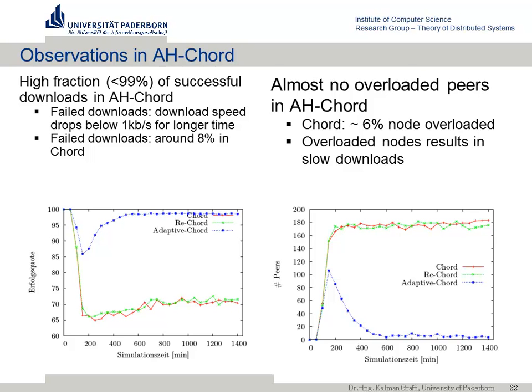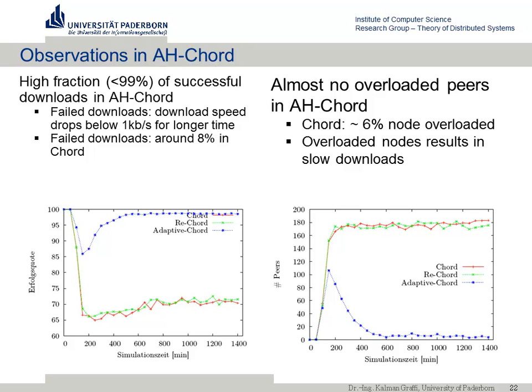As a reminder, you are downloading a file between 0 and 10 megabytes, and a download is marked as failed if the download speed drops below 1 kilobyte per second for a longer time. As you can see, in Chord and Record the successful ratio drops to 70%, while in Adaptive Chord, after adapting and distributing the mirrors, you come up with a success ratio of around 88%.